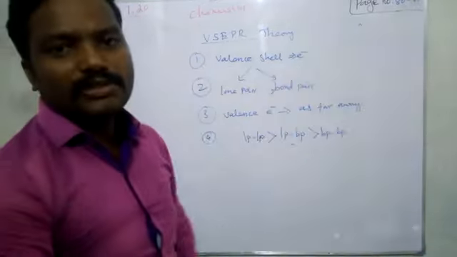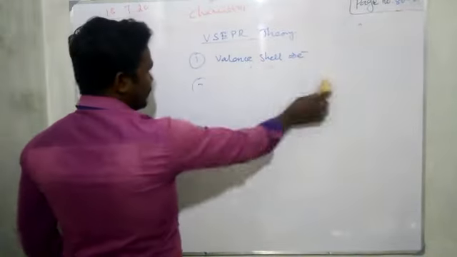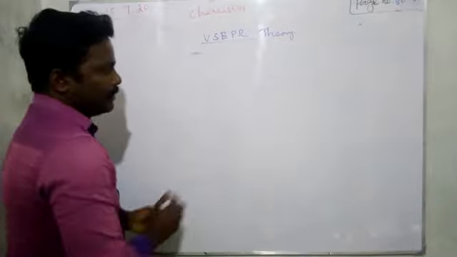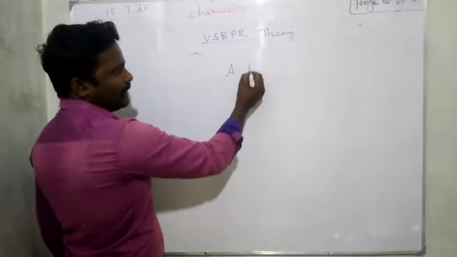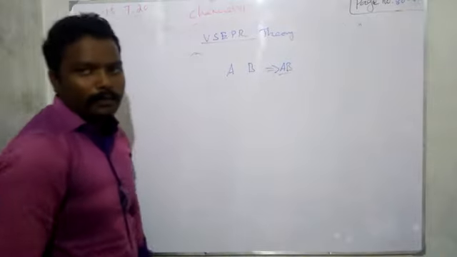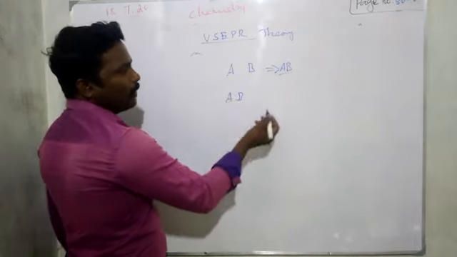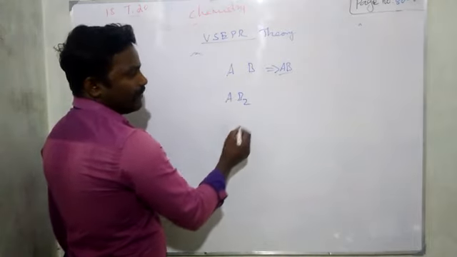Before that, we must know what types of compounds may be present. See, one atom A, another atom B. When they combine, we get an AB molecule. In the same way, A with one more B gives AB2.